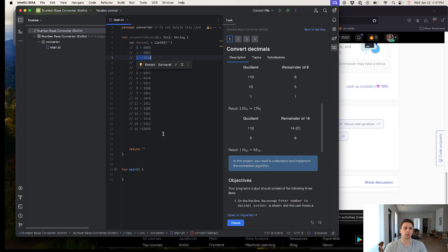So if I take 2, 2 divided by 2 equals 1. Now let's see, 4 divided by 2 equals 2. But I'm looking for the number of spaces.